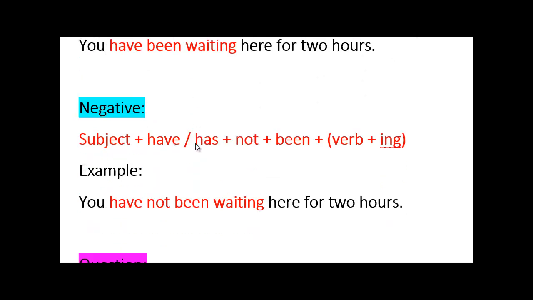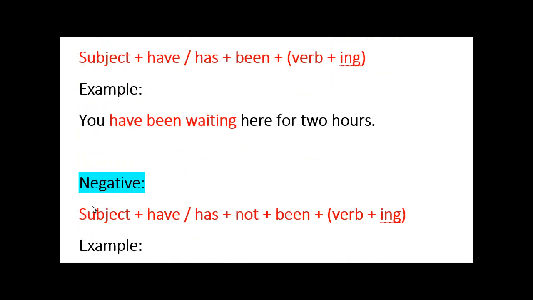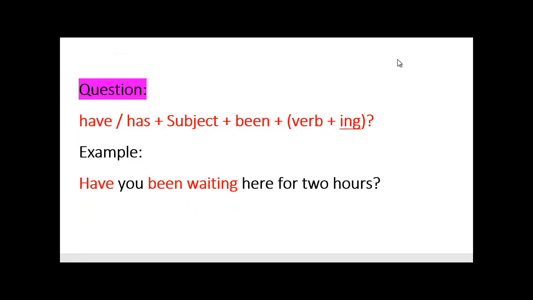For negative, subject plus have or has plus not plus been plus verb plus ing. Example, you haven't been waiting here for 2 hours. Have not. You added not for the negative. If it's a question, you use have in the beginning, and then the subject, and then been waiting here for 2 hours. Have you been waiting here for 2 hours? It became a question because you moved have to the beginning. Got it, guys? Positive, negative, and question.